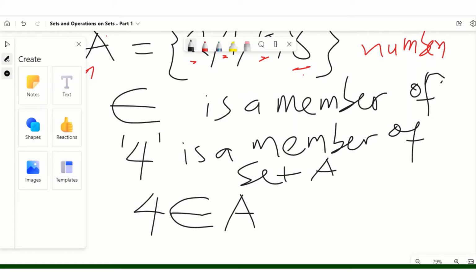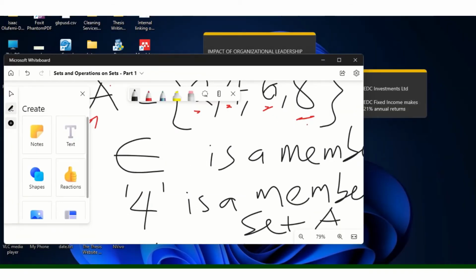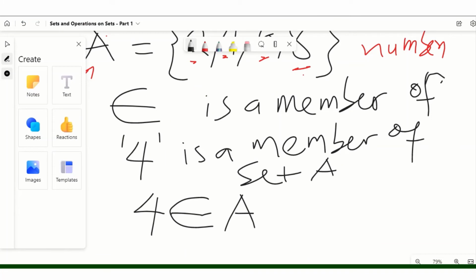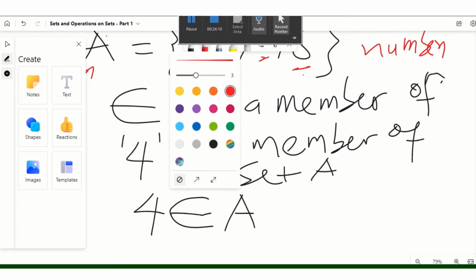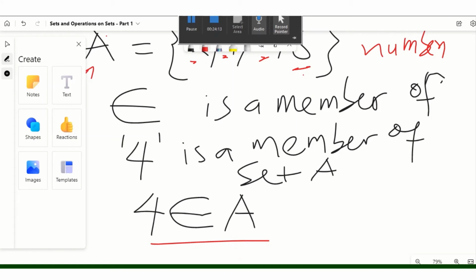So that means that 4 belongs to A. 4 is a member of set A. It's written like this. So 4 belongs to A, or 4 is a member of the set A. If you want to write that 2 is a member of set A, this is how we write it.